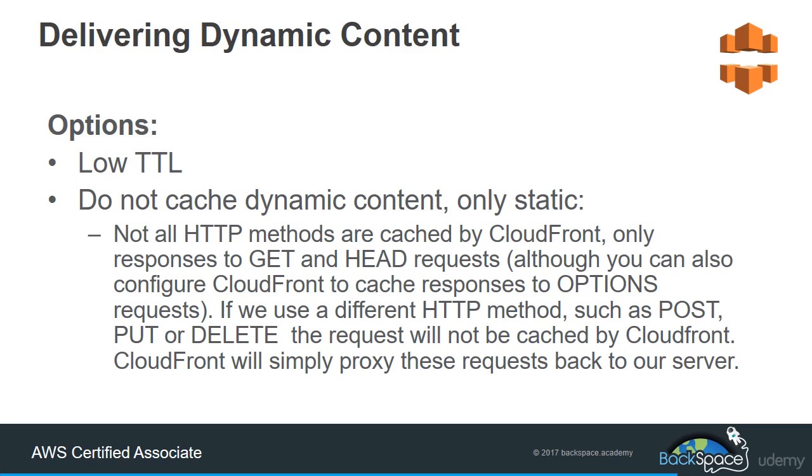They will simply be proxied back to our origin server. So that's how we could allow our static content to be cached and our dynamic content to be proxied back directly to our origin server. So we can combine dynamic and static content in that way.